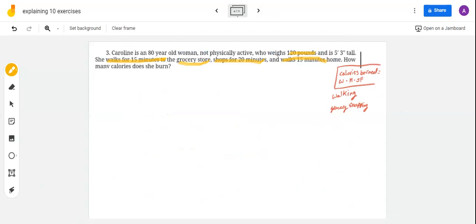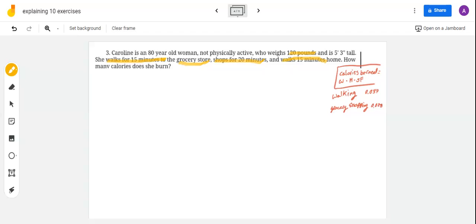So the walking scale is going to be 0.037, right? And then the grocery shopping is going to be 0.028. I know it might be a little hard to see over here in the corner. I apologize. So let's get to this question, right?